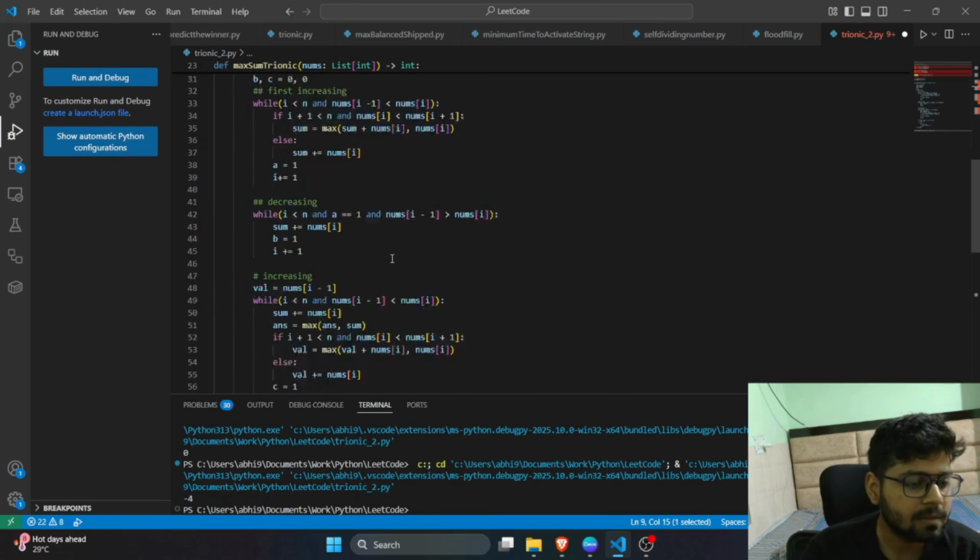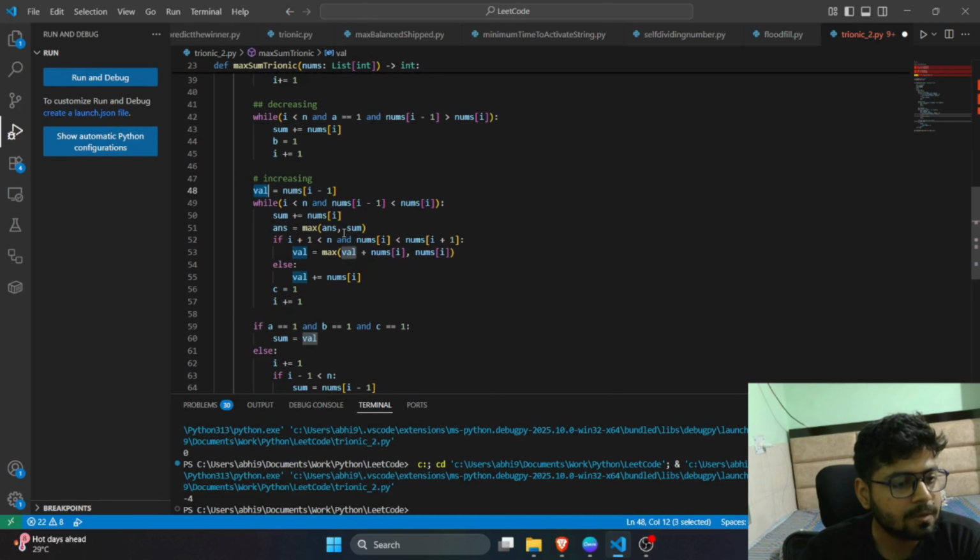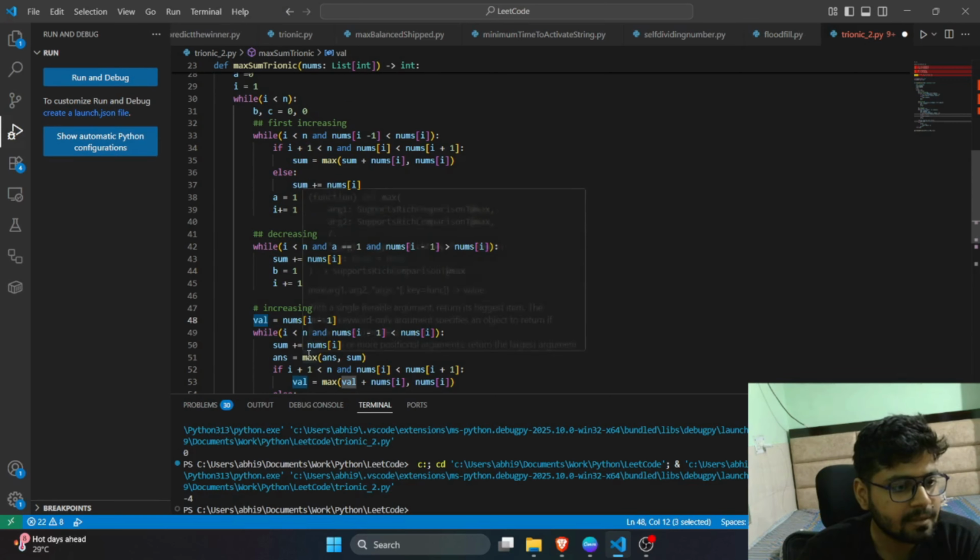So that's why we are taking the maximum of the sum here, and the same goes on. The value is calculated for the next iteration, so that it will consider this value as a sum for the first increasing point.